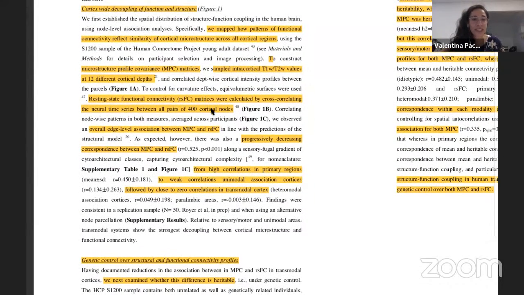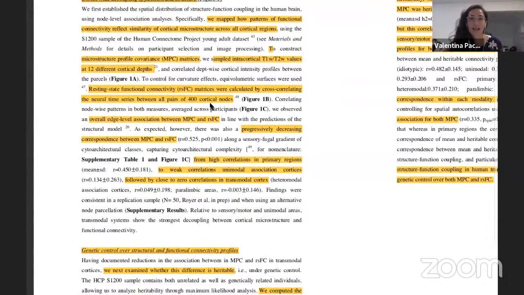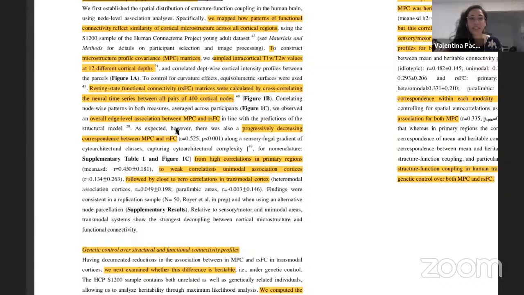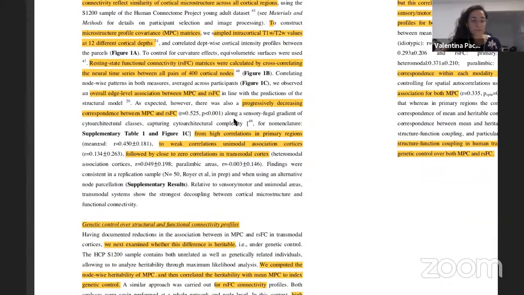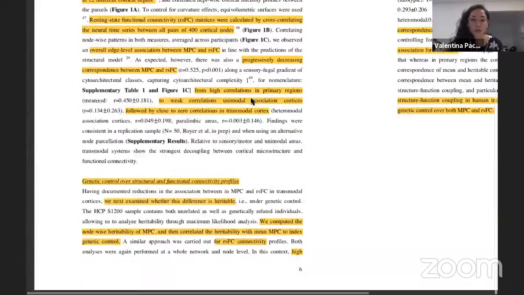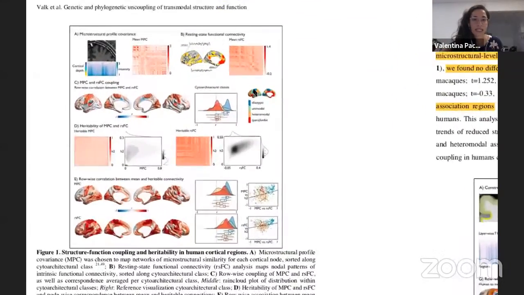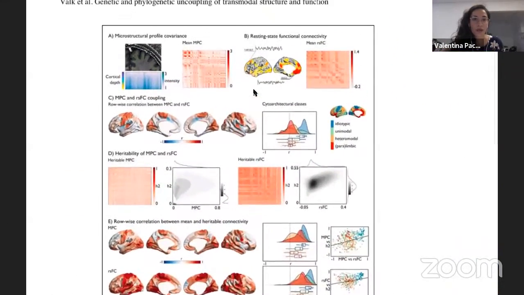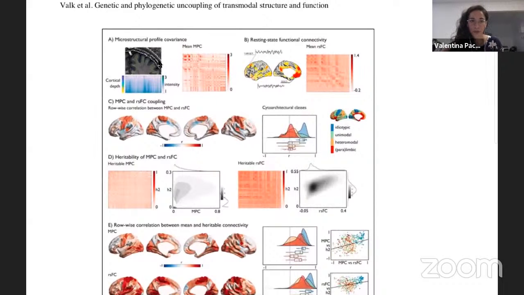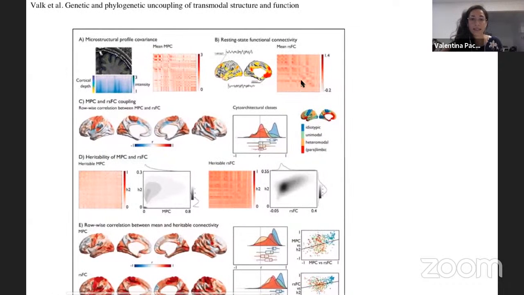And so they computed these resting state matrices by cross-correlating the neural time series between pairs of 400 cortical nodes. But I want to show you the figure. Maybe it's easier. So these are the microstructural profile covariance, and this is the computed resting state matrices.